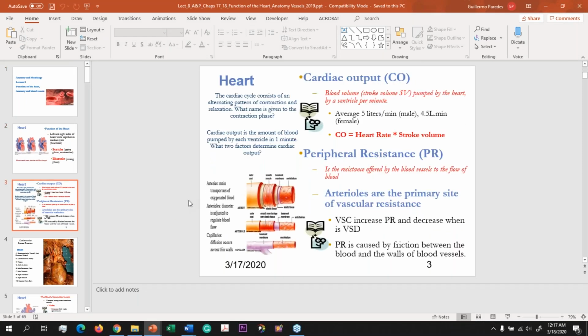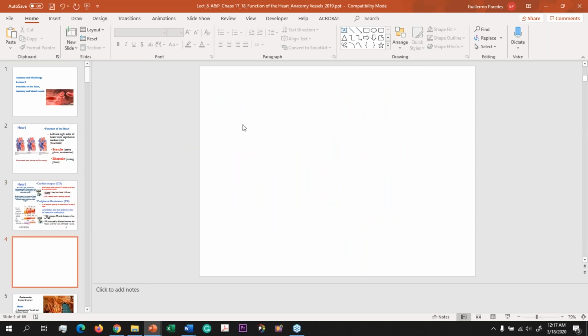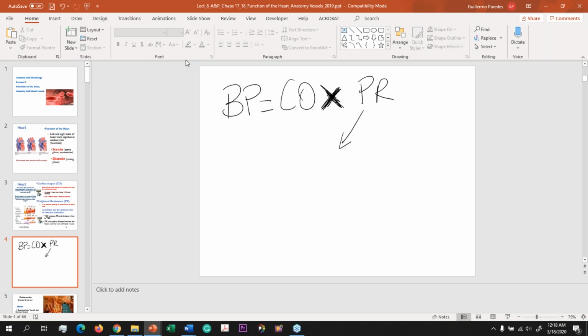For this, what I want you to always remember is this. Blood pressure. What is the blood pressure? Blood pressure is equal to the cardiac output times, multiplication, no summation, no division, multiplication, times the peripheral resistance. For example, if we have alpha-1 vasoconstriction, that is going to increase the peripheral resistance.